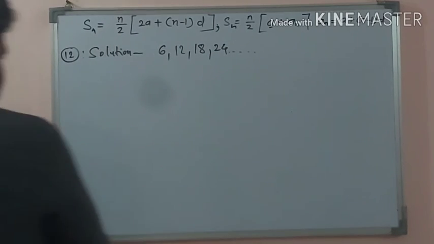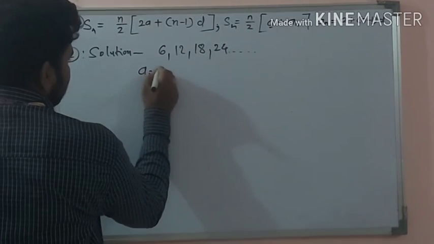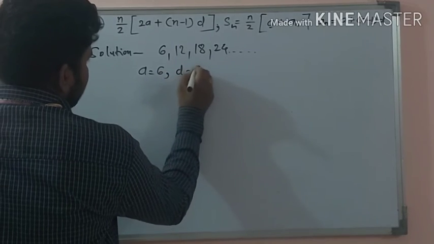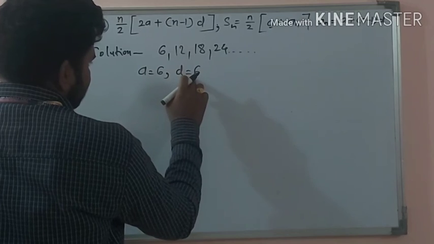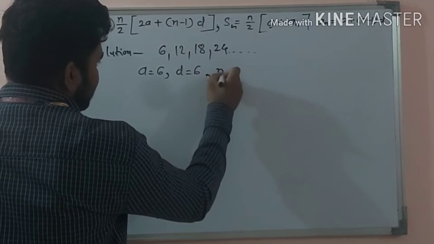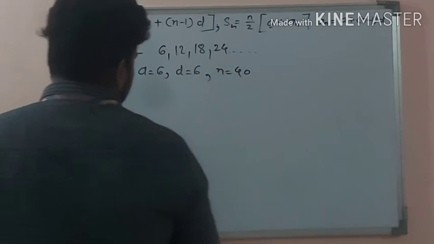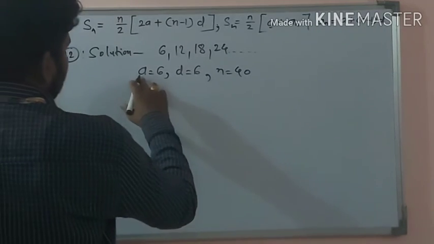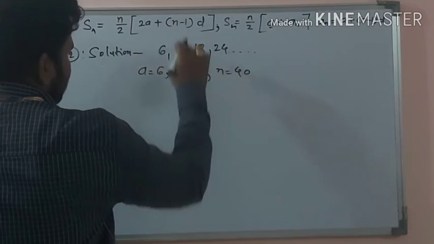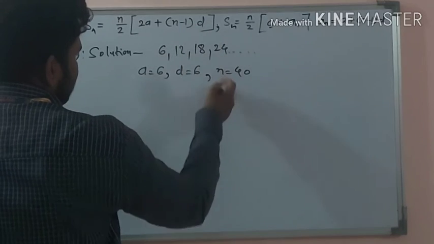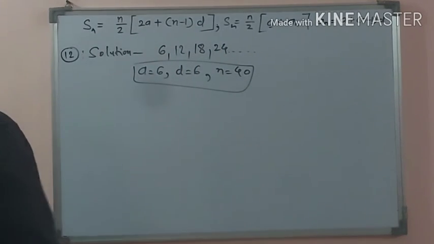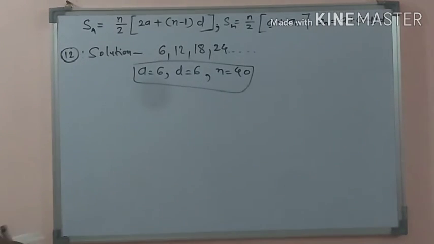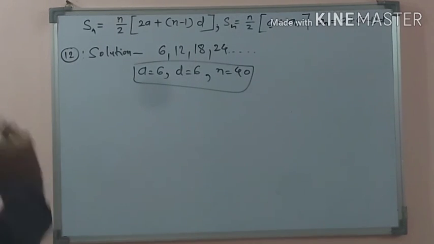So here a is equal to 6, d is equal to 12 minus 6, which is 6, and n is equal to 40. Put the values here, and the sum of the 40 numbers divisible by 6 is given.